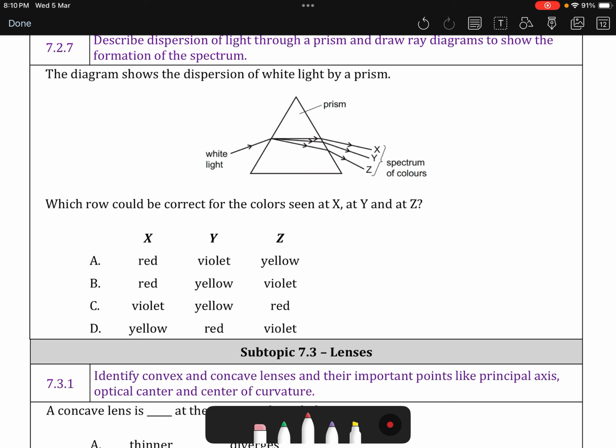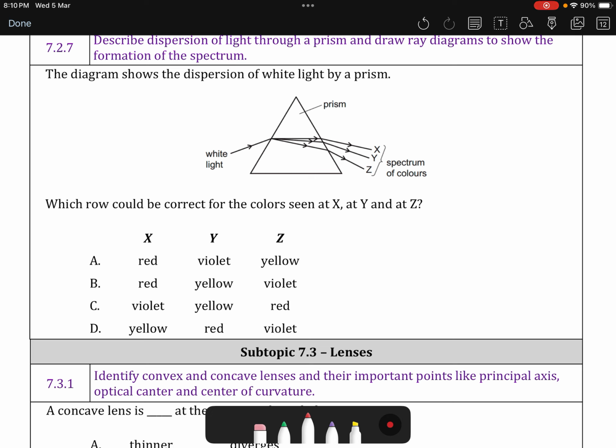Now, here this question needs to be memorized more than anything. You have to memorize this information. The red color and the violet color, which one will refract more?